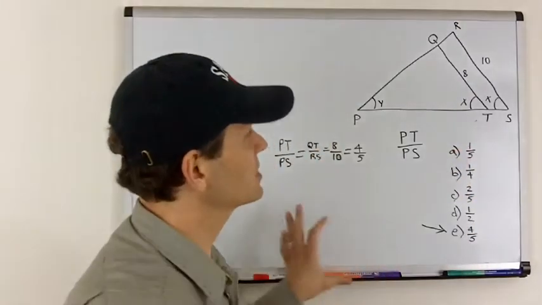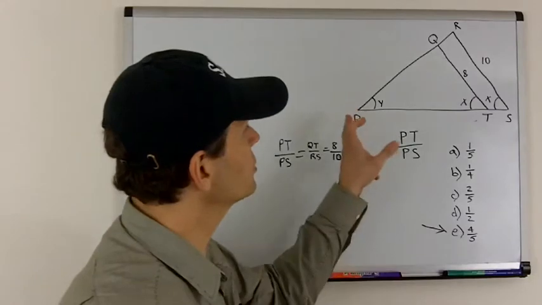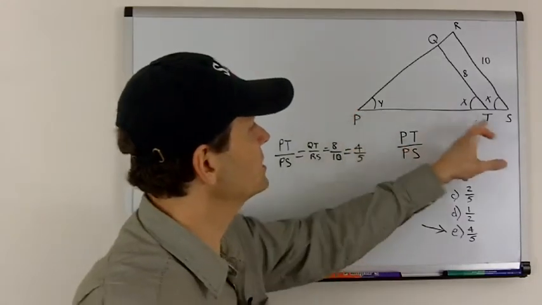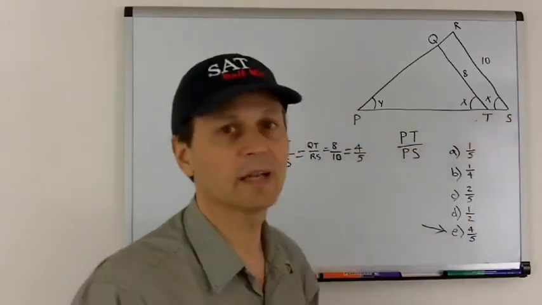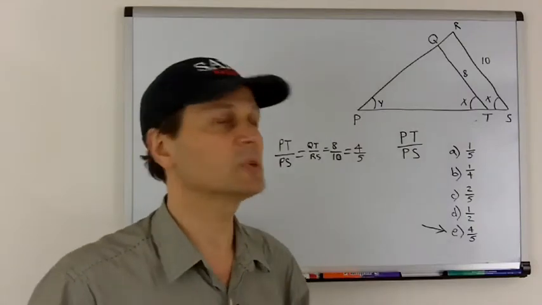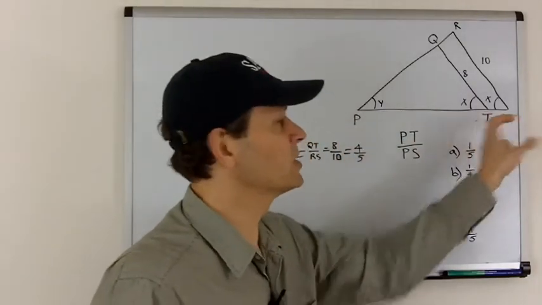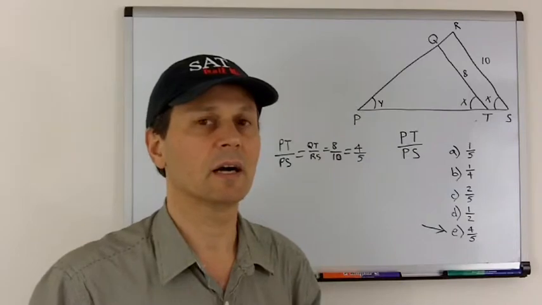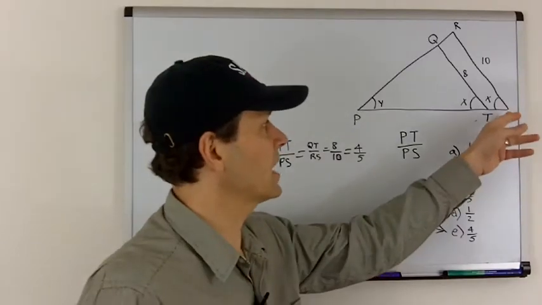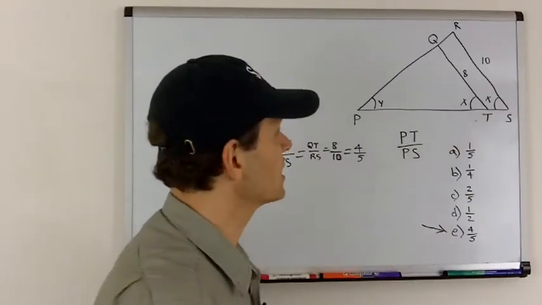Okay, now I was going to give you a cheat here, okay? Without doing any of this fancy stuff, if we look at PT as it compares to PS, PT seems to be almost as big as PS. Obviously, it's not as big, but it's almost as big.